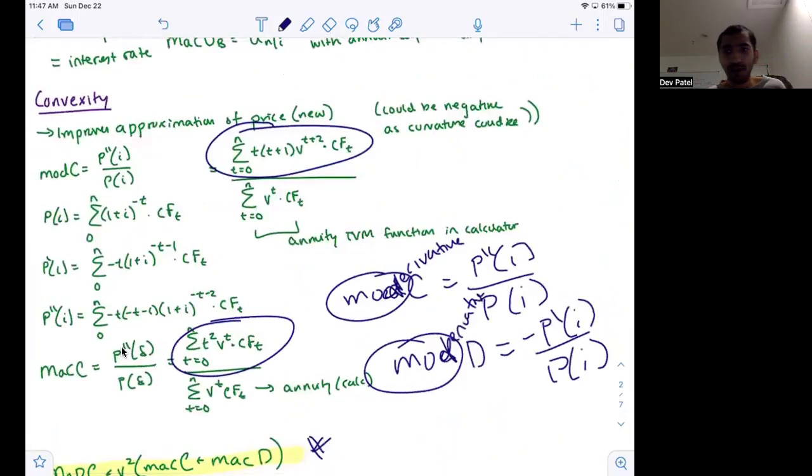So whenever you think of mod C and mod D, you can remember that the D refers to the derivative: mod C is the second derivative with respect to I over P of I, and mod D is the negative of the first derivative with respect to the interest rate over P of I. So that's a way to remember that.